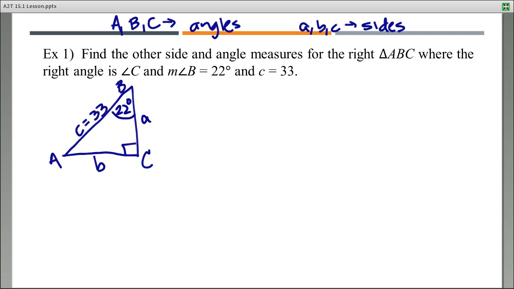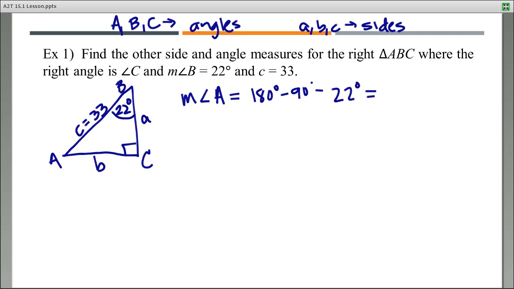They also gave me that the right angle is angle C, so that gave me that angle C is 90 degrees. So that means that we can right away find the measure of angle A, which is one of the things we have to find. You find it by doing 180 minus 90 minus 22 degrees.